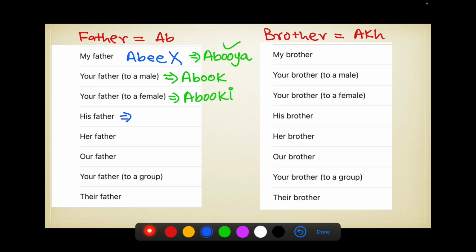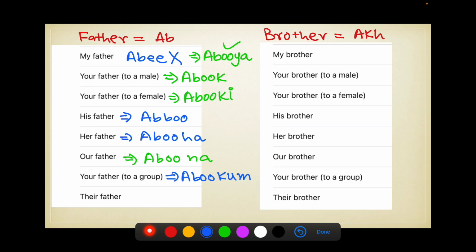If you have to say his father, you will say abu. And for her father, you will write abuha. For our father, you will write abuna. And for your father, while talking to a group, you will say abukum. And for their father, you will say abuhum.